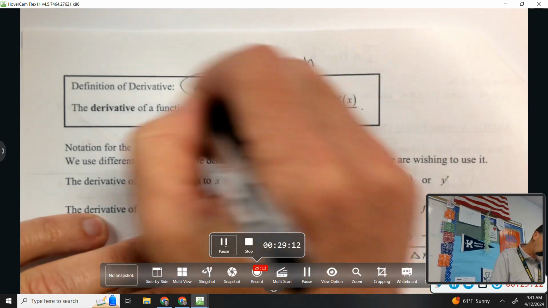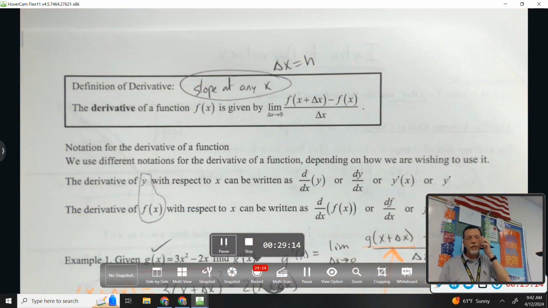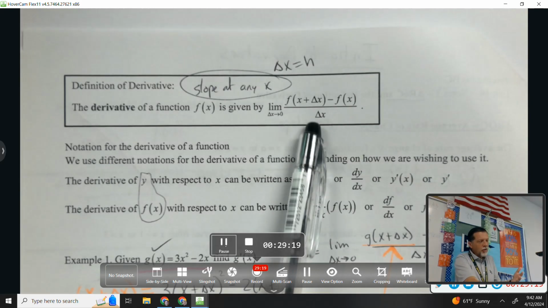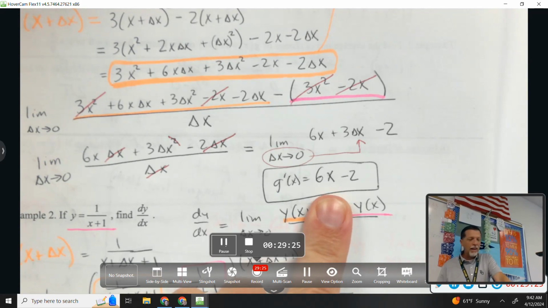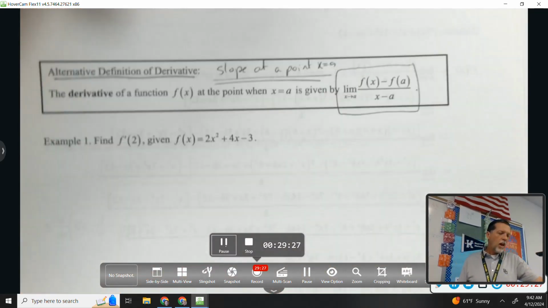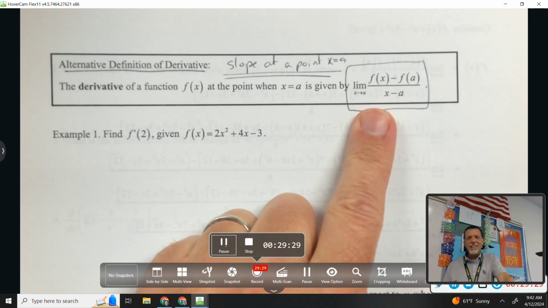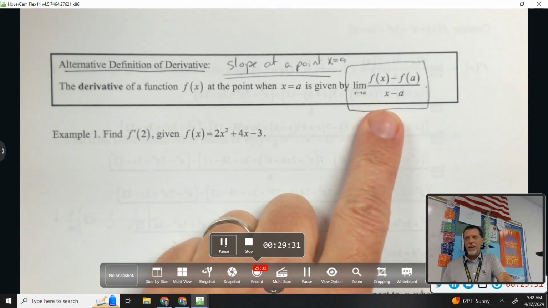And that's the big difference between the two. So the bigger generic form works for any x, and you get an equation that you can plug in any x you like and find the slope at that x. Alternative form is a little easier and cleaner. The trouble is it gives you the answer at one spot, and you have to repeat the whole process if you want it at a different spot.